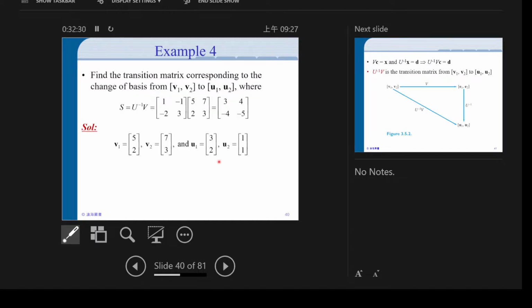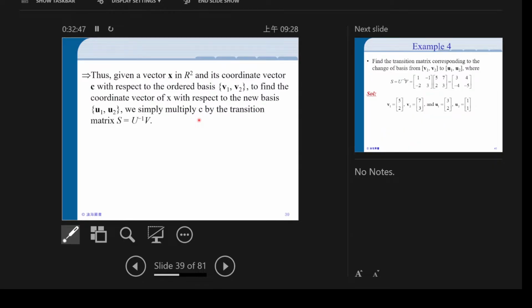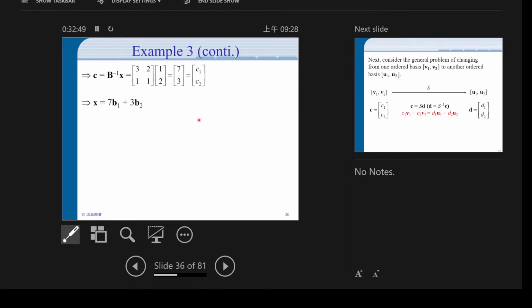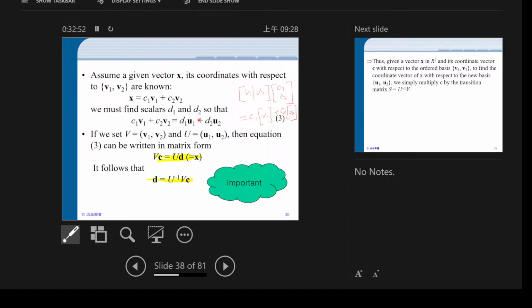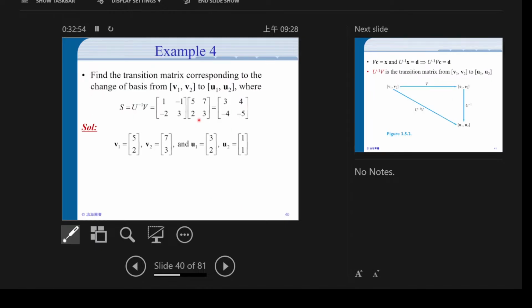But let's see some examples. So we have a coordinate. We have some U vector and V vector. I guess we didn't say the U vector and V vector here, but okay, it's a little weird.